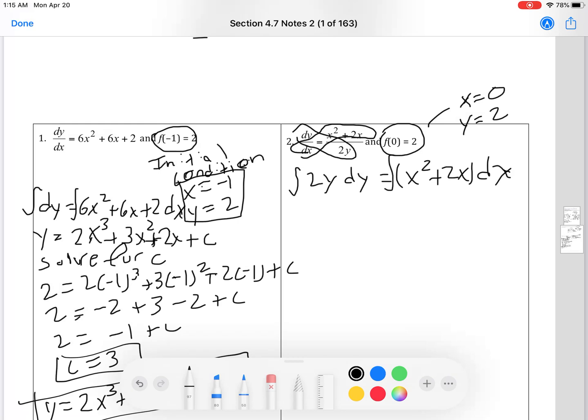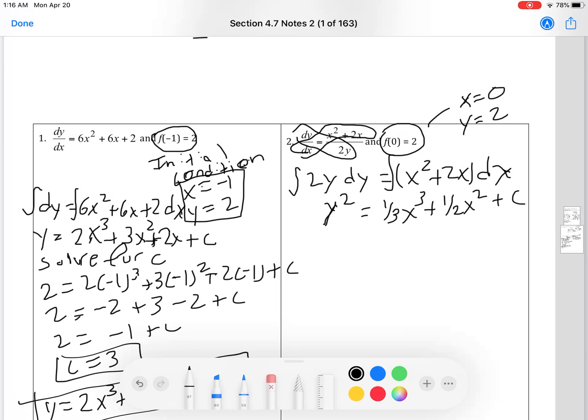So I'm going to get, on this side, a y squared. And then on this side, I get a 1/3 x cubed, because 3 times a third is 1. And then I'm going to get a 1/2 x squared, and we have a plus c.